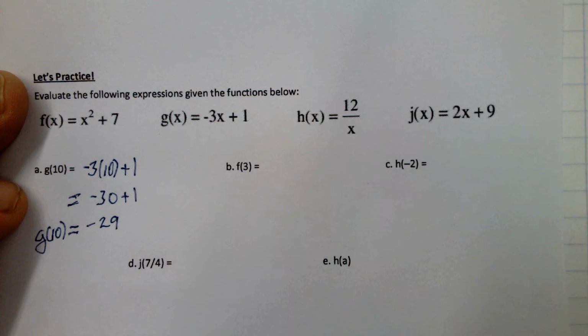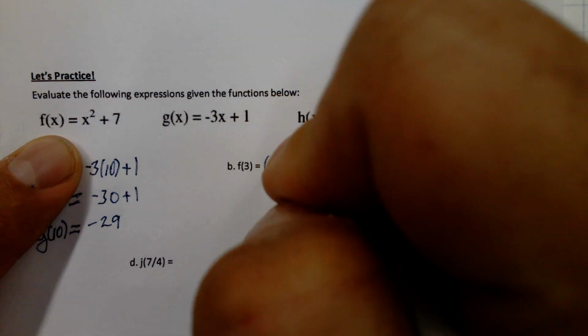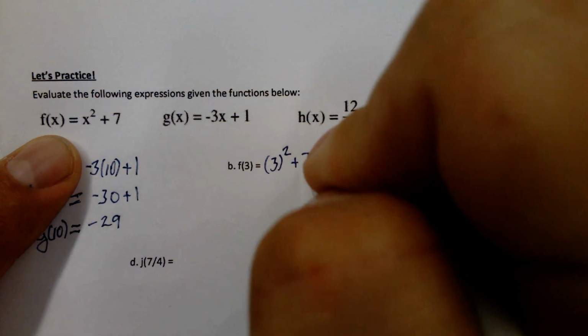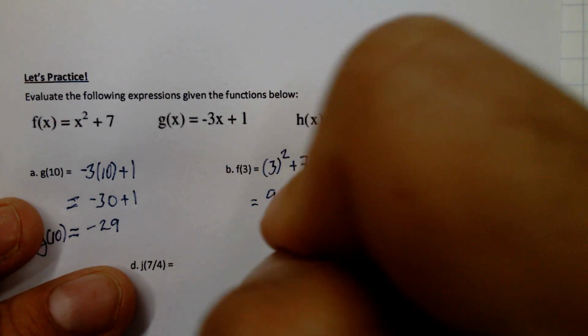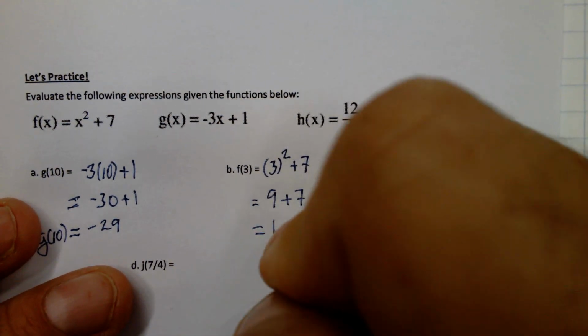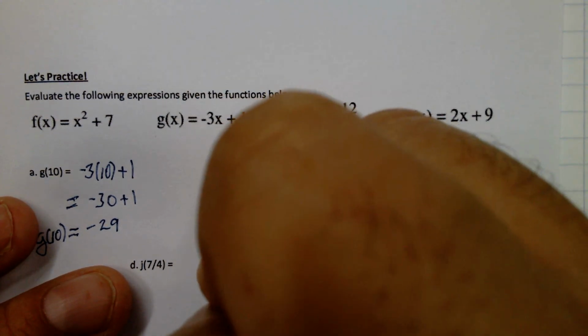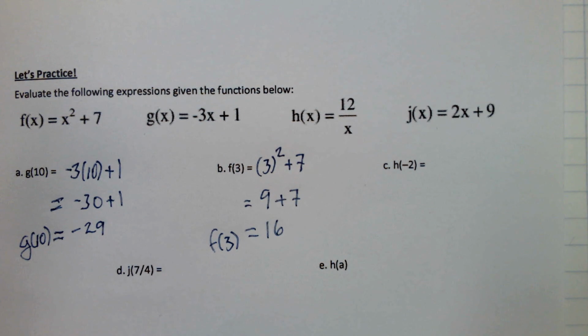So that would give us F is this function, so it's 3 squared plus 7. And 3 squared is how much? 9. 9 plus 7. So we should get 16. So F of 3 is 16.